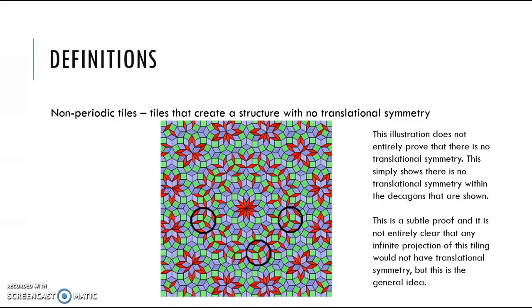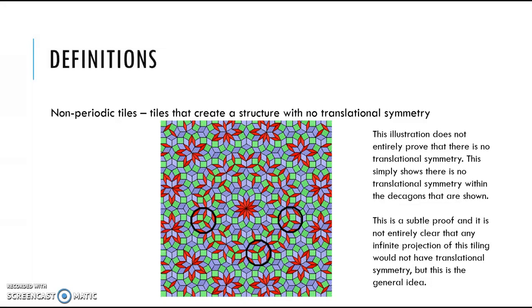But basically, I'm just trying to give you the idea of a non-periodic tiling and how it's different from a periodic tiling. Because with the periodic, you can take any of those outlines and move them anywhere in the structure and it would be the same figure. Whereas here we see that that's not the case with these decagons particularly. But again, this is really, really subtle and quite miraculous in and of itself.